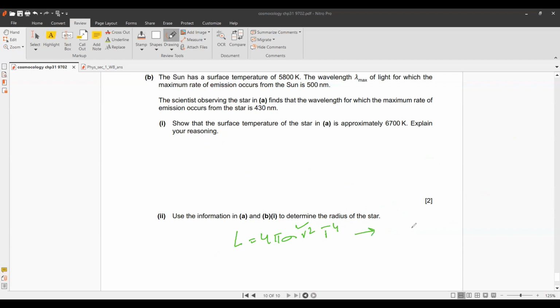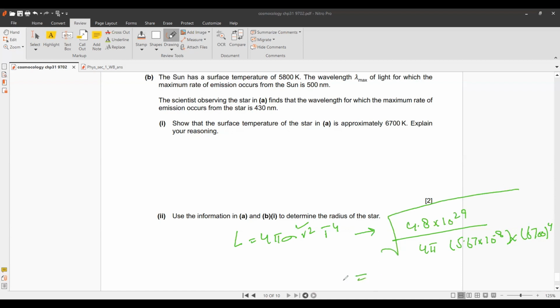Luminosity was given in the previous part, which was 4.8 into 10 to the power 29 over 4 pi, Stefan constant is 5.67 into 10 to the power minus 8 times 6,700 power 4, the whole under root.